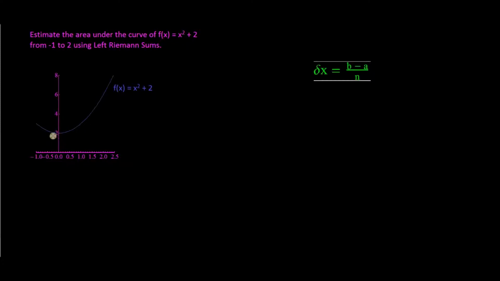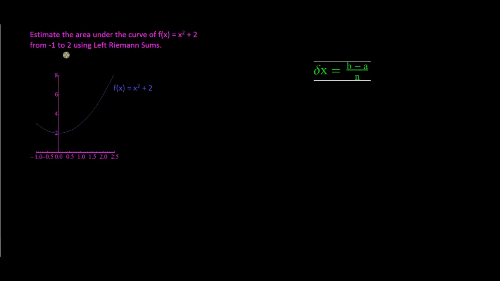Well, we can divide that area into some little rectangles, and we can try to figure out what an estimate of the area is by adding up our little rectangles that we create. So we need some method to determine what the width and height of our rectangles are going to be. So this formula here is going to give us a formula for the delta x, or the width of each of the rectangles that we're going to use.